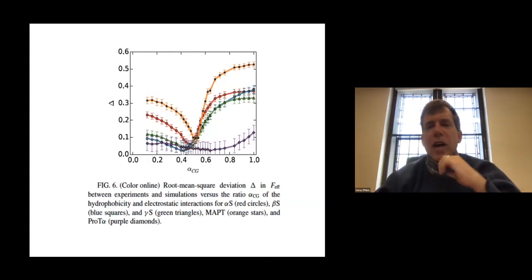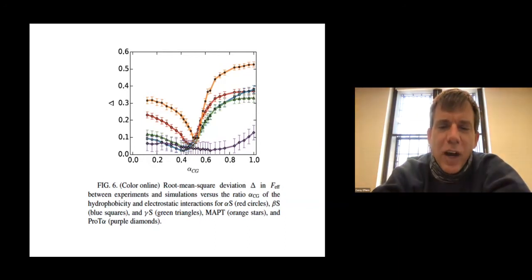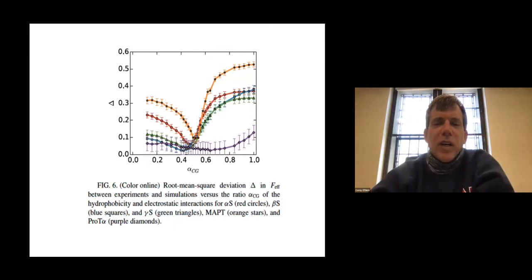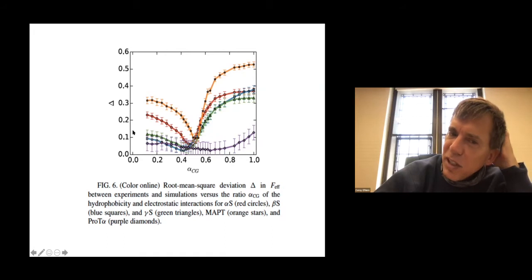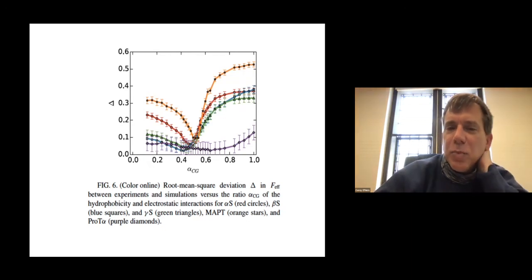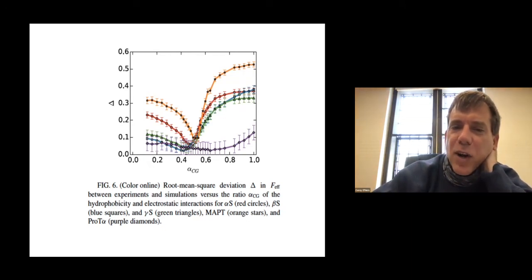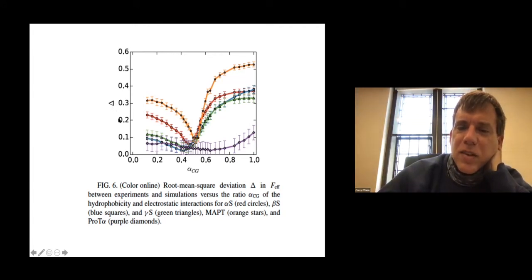Just to show you how we figured out the right balance between hydrophobicity and charge, we basically varied it over a range from 0 to 1 and measured the mean square deviation between the simulation results and the experimental data for each FRET pair. And so delta is the mean square deviation between all the experimental measurements.